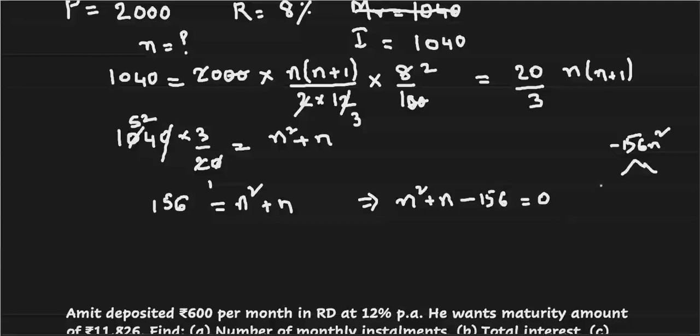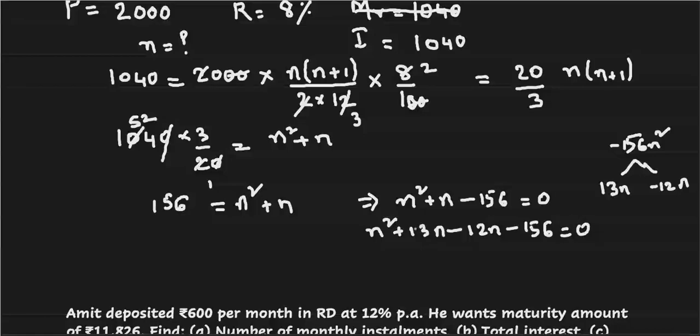As n is positive, you will write 13n positive and negative 12n. If you multiply 13 into 12, you will get 156, and if you add 13 minus 12, you will get 1n.